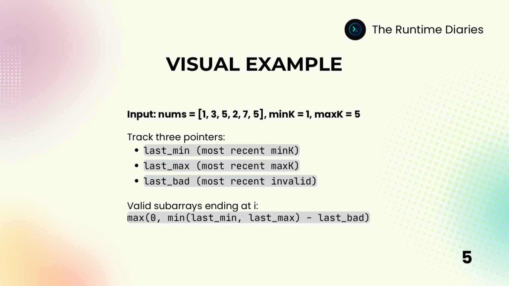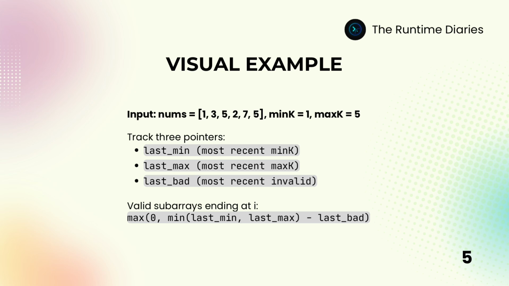Let's look at a concrete example to see this in action. Say we have nums equal to, from left to right, 1, 3, 5, 2, 7, 5, with minK equal to 1 and maxK equal to 5.